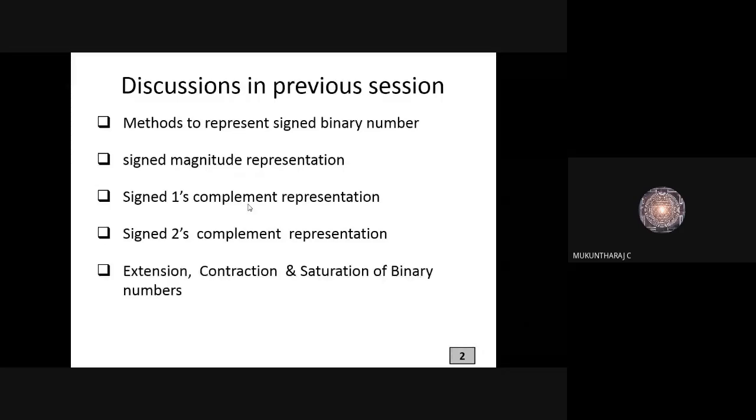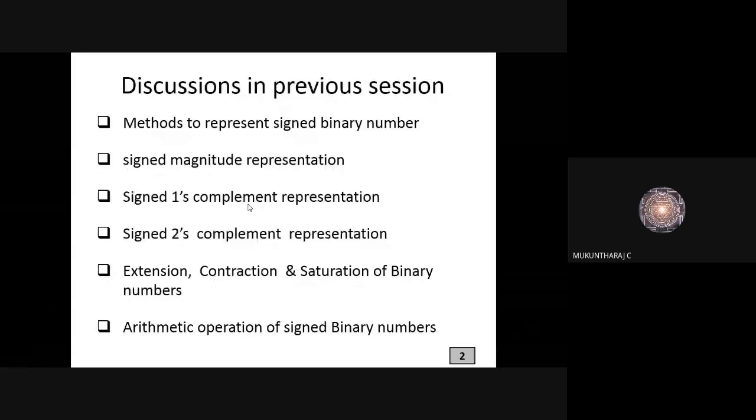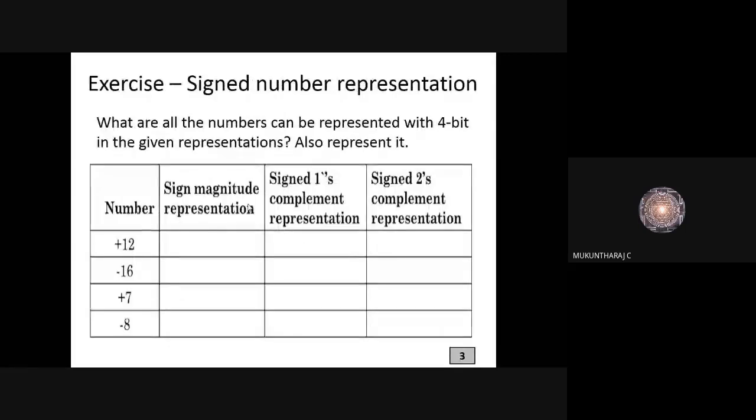We also discussed extension, contraction, and saturation of binary numbers, and arithmetic operations of signed binary numbers. Based on that, we gave two exercises in the last session. The solutions are here, so you can verify them against your answers.